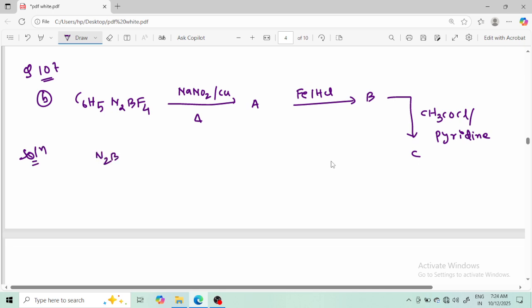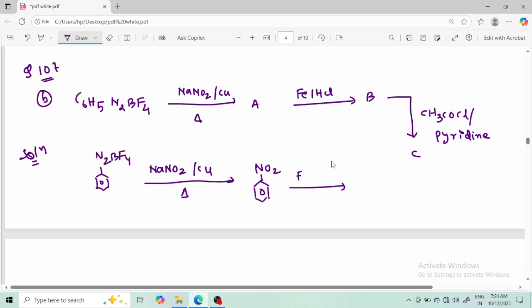So N2BF4 you will get, and then this one, right? This is before the coupling reaction. The reagents I have given are NaNO2 and then Cu, and heat is given, right? So this NO2 will replace this N2BF4. I have explained this in the chemical reaction part.